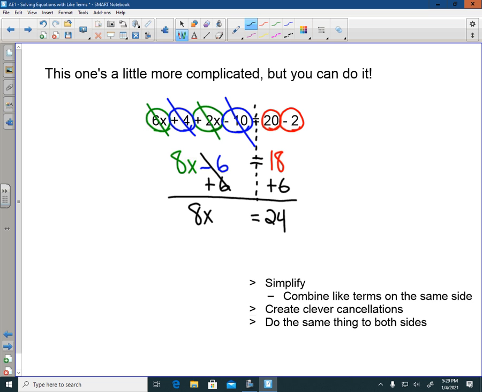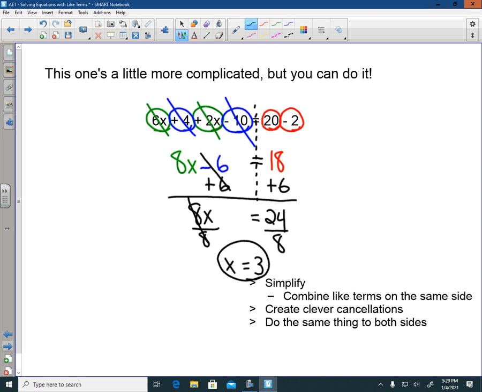All right, and then we're going to create another cancellation by getting rid of that 8, dividing by 8, making sure we do the same thing to both sides. This cancels, and we have x equals 24 divided by 8, which I hope is 3. I'm pretty sure it's 3.